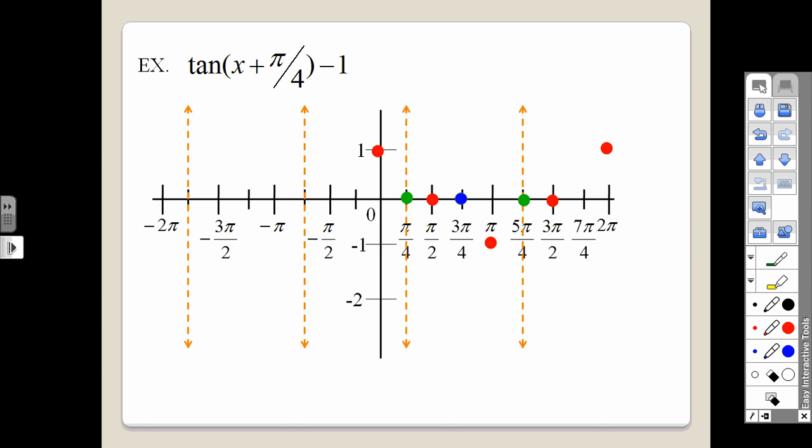So this point right here that normally would be at the 0 is going to be down here at -1. And so this point right here, which is the midpoint between the asymptotes, is down here at -1. And this one, and then this one.